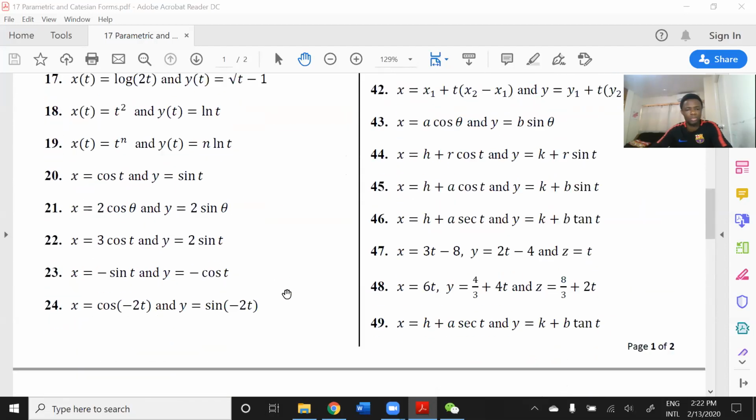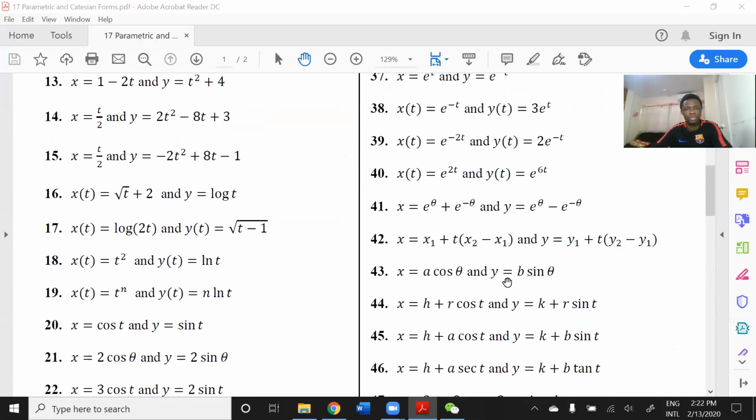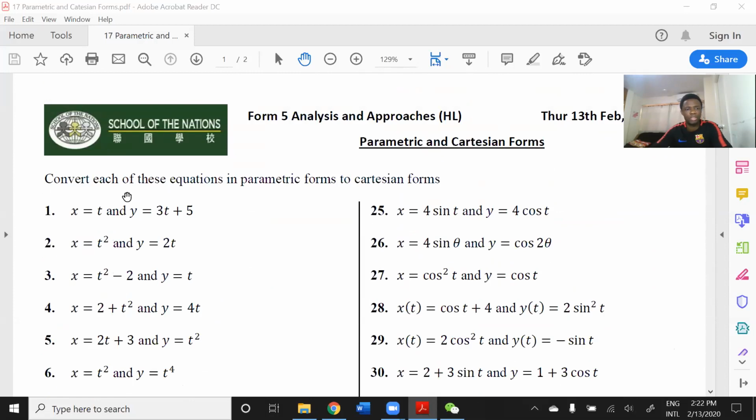So now algebraic form or Cartesian form, this is the same thing. So basically, the parametric form involves a parameter. I've just decided to use t. Can everybody hear me? I want to be sure of that. Good. So parametric form involves a parameter. I just use t.